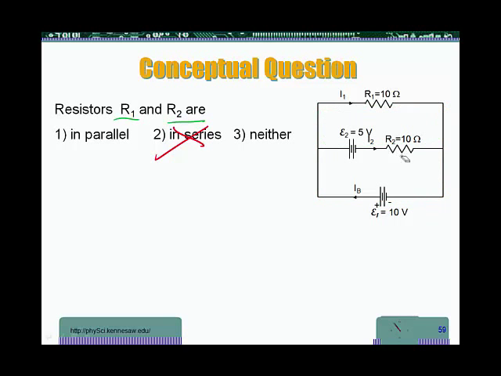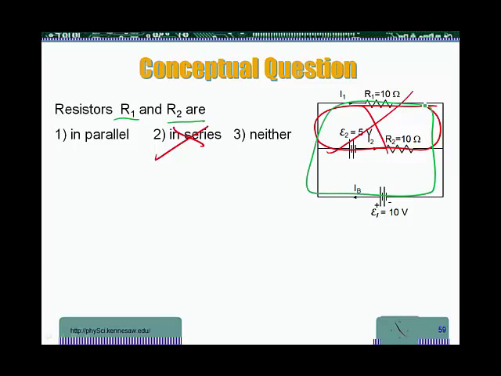Second, the test for parallel. I need to find a loop in the circuit that has only R1 and R2 and nothing else. So this loop has R1 and R2 but E2 as well. So that does not work. This loop does not have R1 and R2.